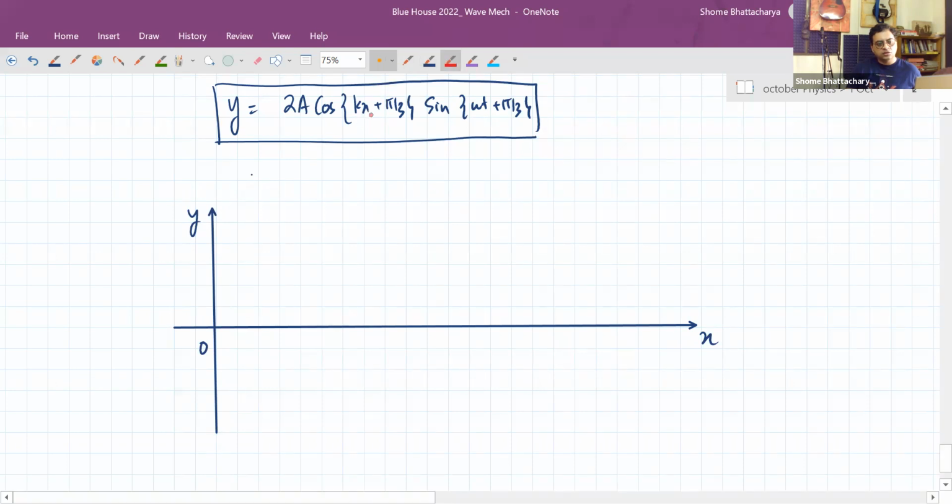So if you think of a cos theta plus pi by 3 graph, how that looks like.